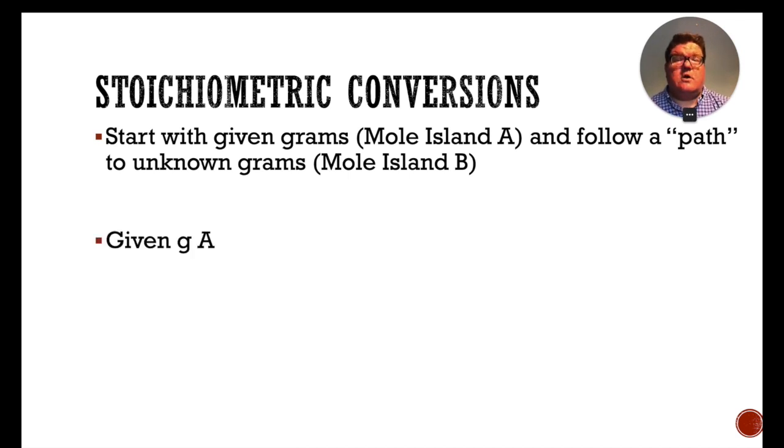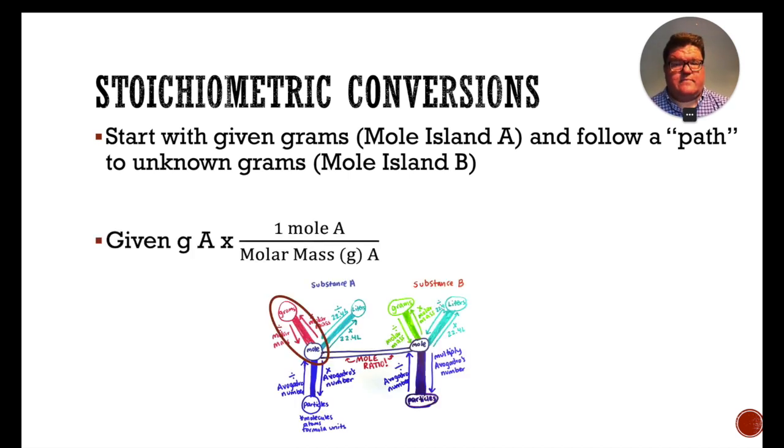So I start with the given grams of A, and using the molar mass of substance A, I can divide by the molar mass, as you see there, and convert that into moles of A. In the way we have this set up mathematically, the grams of A will cancel out.